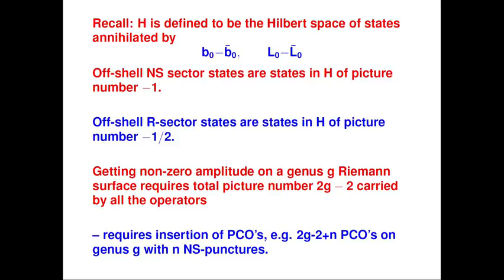But besides this, we impose two further conditions: off shell NS sector states are defined to be states in H which carry picture number -1, and off shell Ramond sector states are states in H which carry picture number -1/2. I should have perhaps added that NS sector states always carry integer picture numbers and Ramond sector states carry half integer picture number.